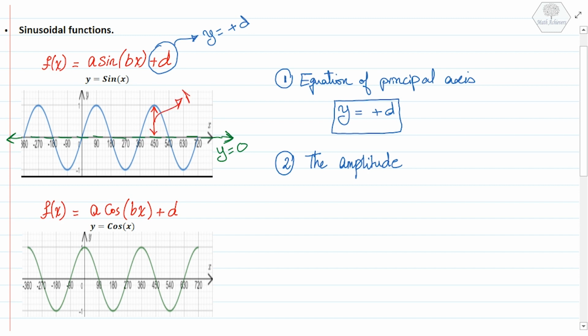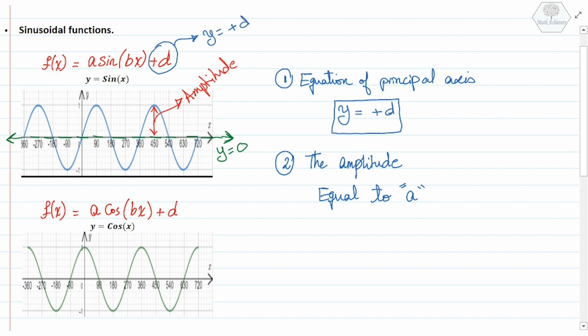This is my amplitude. The amplitude is always equal to the a value. So the amplitude is always equal to a, which is the coefficient of sine bx.